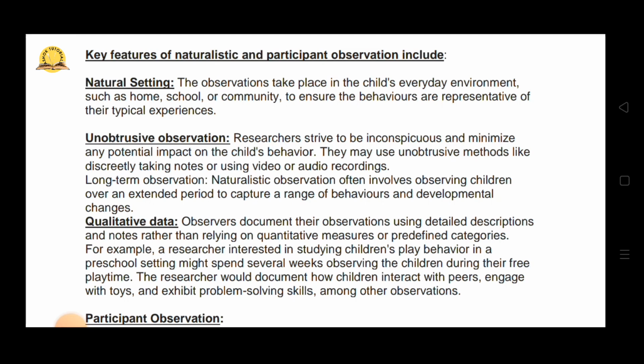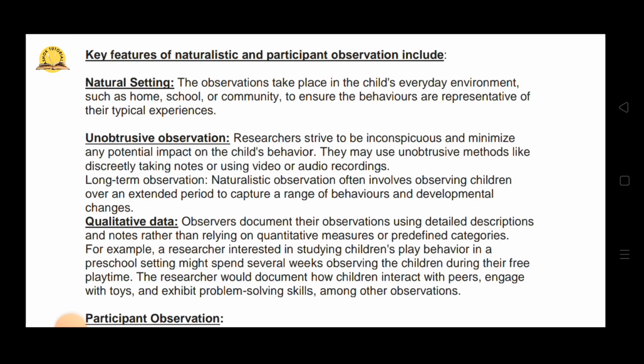Now, long-term observation. Naturalistic observation often involves observing children for an extended period to capture a range of behavior. The observational method will be a long-term one, because you cannot say in one day that the child's behavior or attitude is so and so. You have to consistently observe the child.